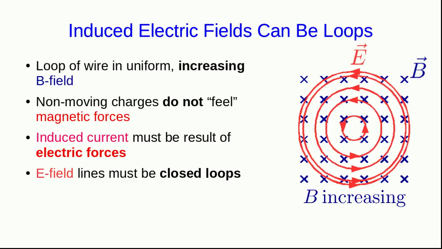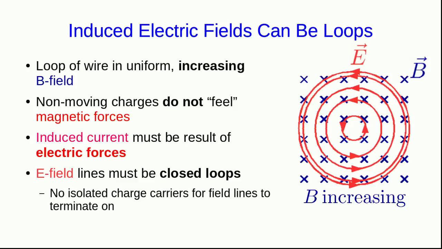But whether it's circular or not, it always forms closed loops. One reason for that is that there are no isolated charge carriers here for the field lines to terminate on in the way we've usually seen field lines do.